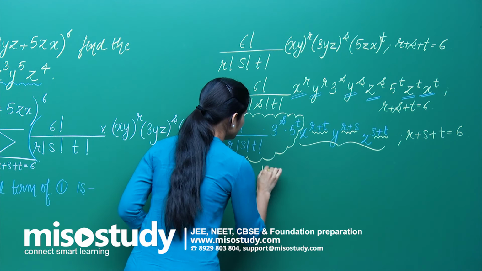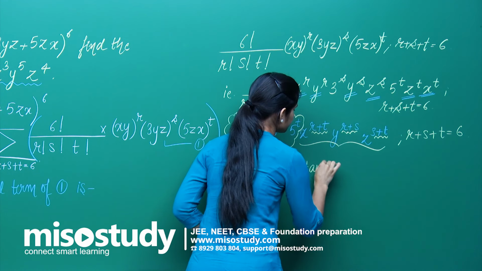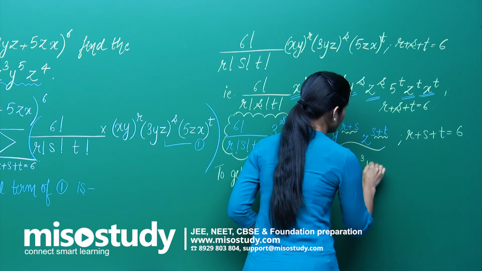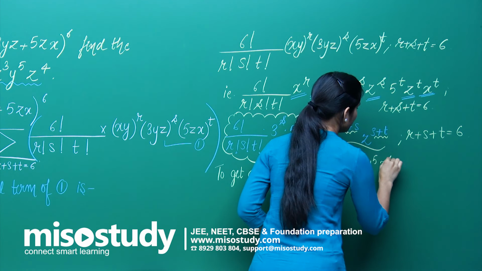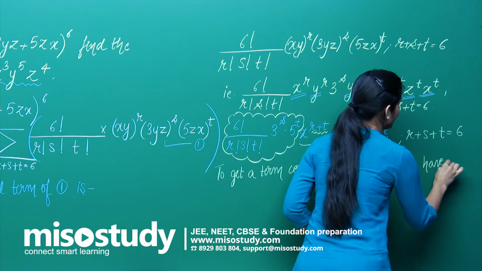To get a term containing x to the power 3, y to the power 5, z to the power 4, we have this.